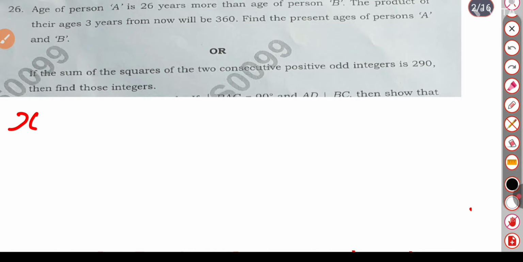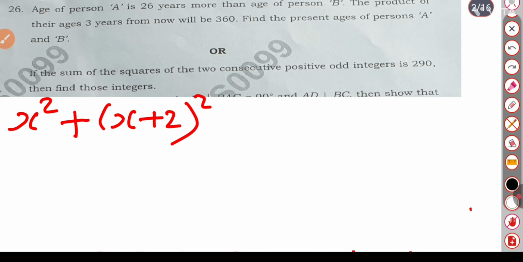So what they have given is the sum of the squares of these two. The square of the first one is x square, and the square of the other odd integer, that is (x plus 2) square, is 290. If we remove the bracket, we use the formula (a plus b) whole square.